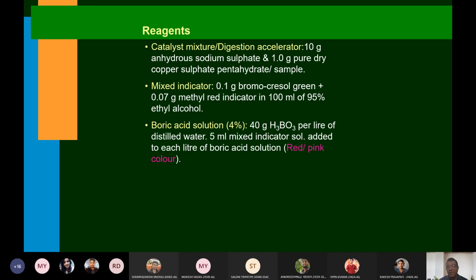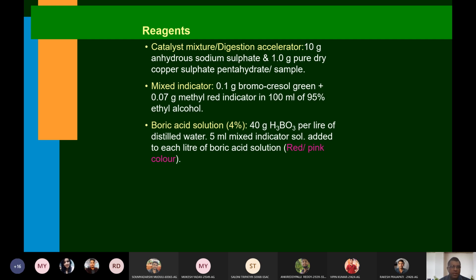Now let us see what reagents are used for total analysis of nitrogen in plant samples. First is the catalyst mixture, also called the digestion accelerator. To prepare it, you need to take two things. One is 10 gram anhydrous sodium sulfate, or you can also take potassium sulfate.